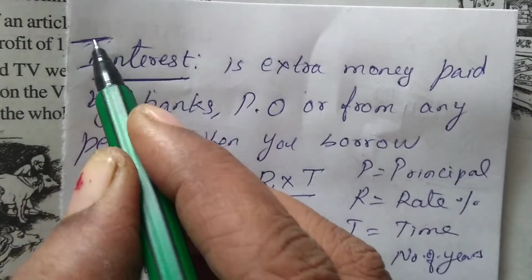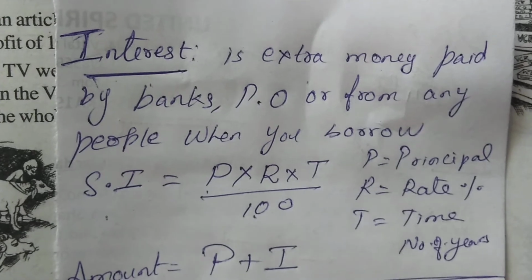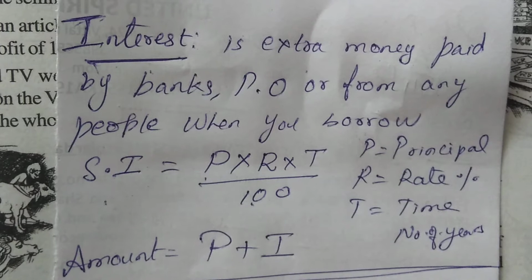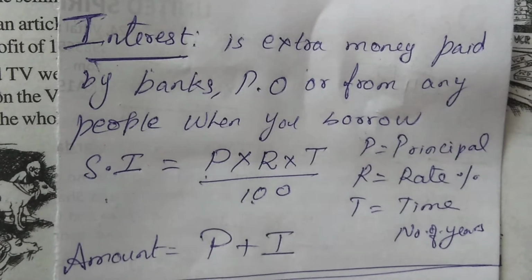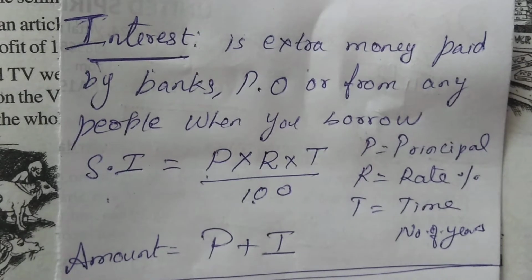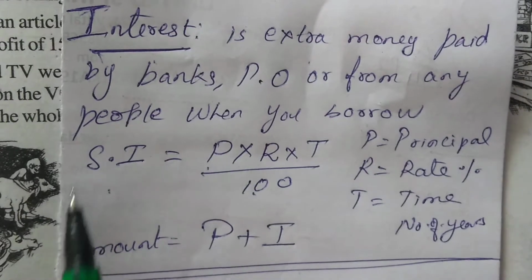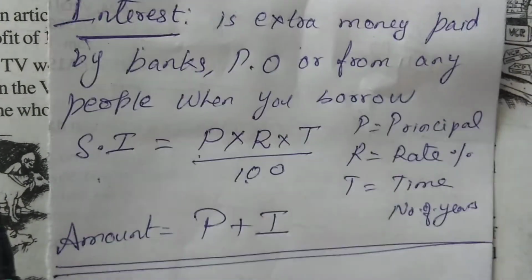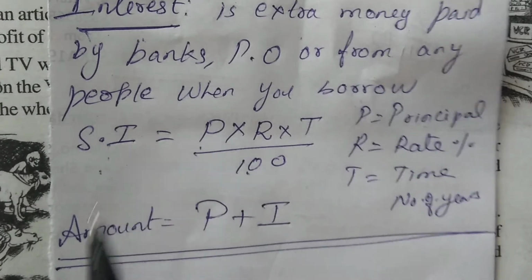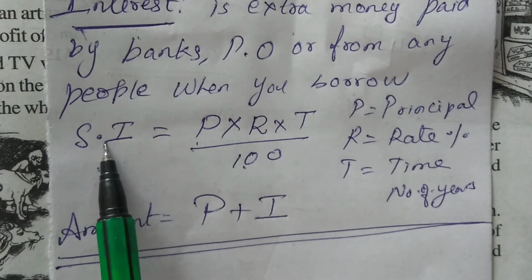In case you deposit, if you give the money to the bank or to the post office, when they use that money for others who need it, from the interest they are collecting, a little amount they will be giving to you. So that is also called interest. In that, we have two types of interest. One is simple interest, another one is compound interest, which we are going to learn now.